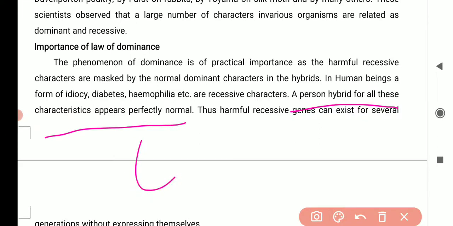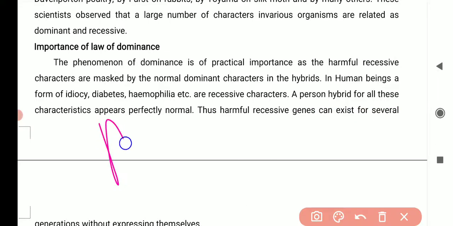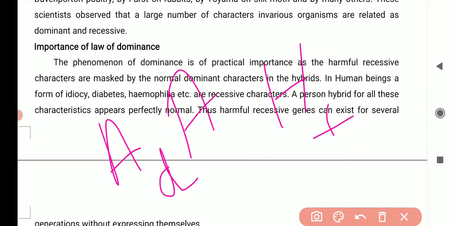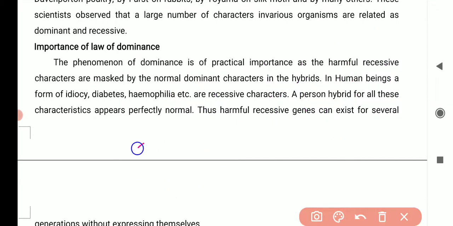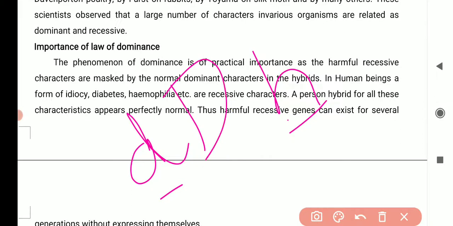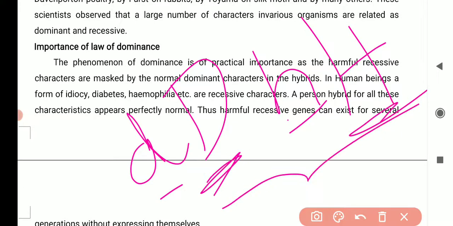If he has the diabetes allele and the hemophilia allele in the dominant form, which will give them the normal appearance, they will be perfectly all right.